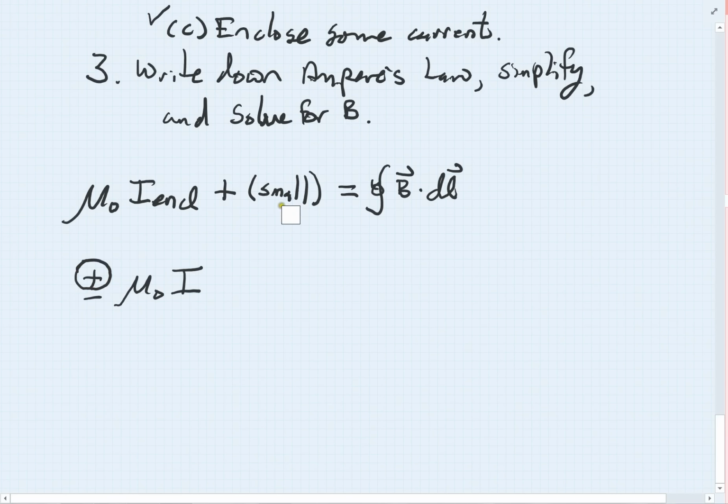I'm going then, of course, to ignore the small term until we come to a point in the course where that term can become significant. And then I'm left with the integral of B dot dl. And that integral, as you guys know, we carry out in the same spirit that we've done in Gauss's law. We break out the dot product: magnitude of B times the magnitude of dl times the cosine of the angle between them.